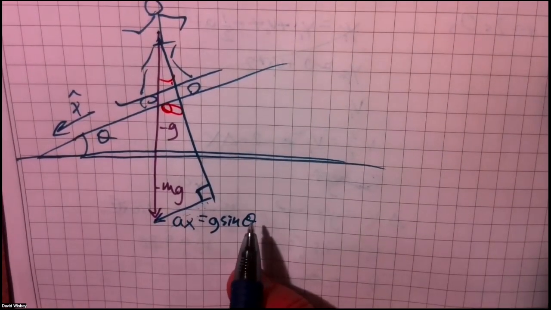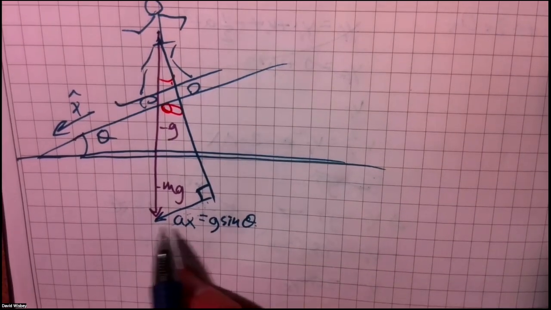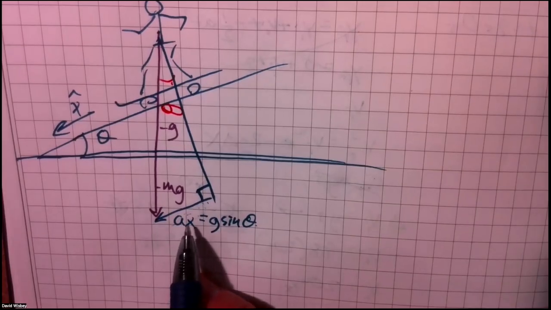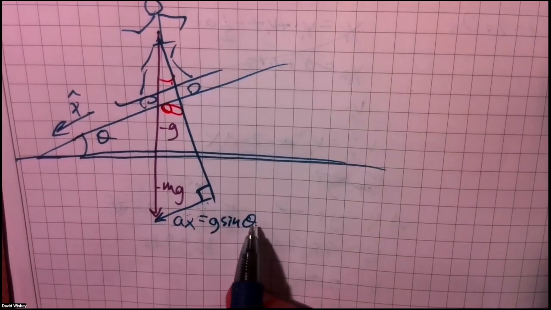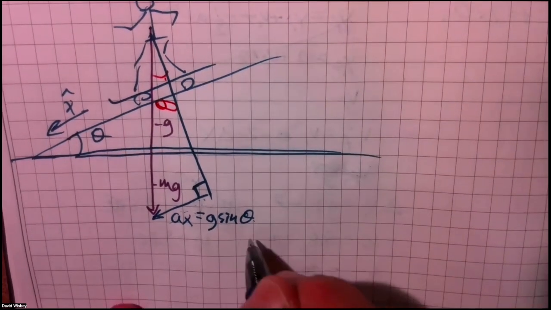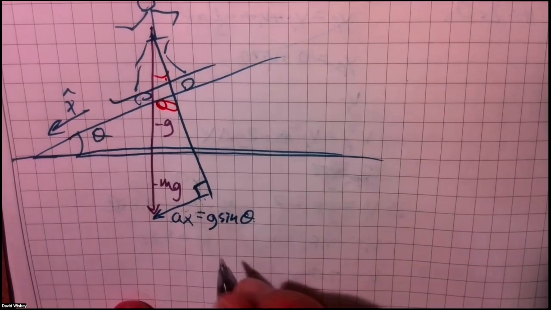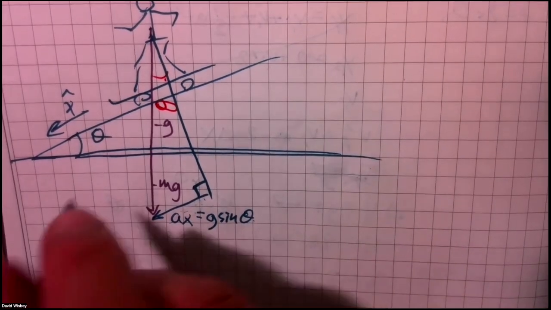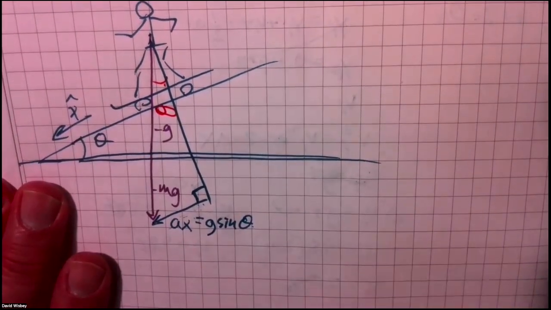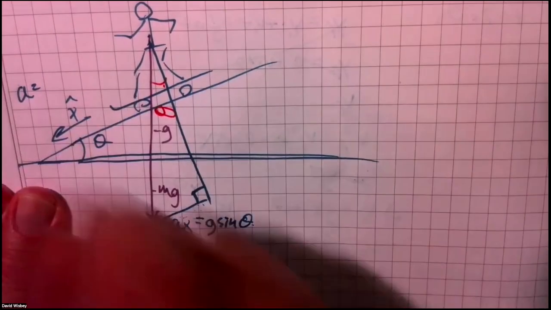So the smaller the angle is, the closer to zero, so this goes to zero. If it is zero, then there's no acceleration because you're on a flat surface. The steeper this gets, if it gets to 90 degrees, which means you're falling off a cliff, that's a maximum. So it's going to be somewhere in between. And that is my acceleration pulling me down on the skateboard. So my acceleration is going to be ax equals g sine of theta.